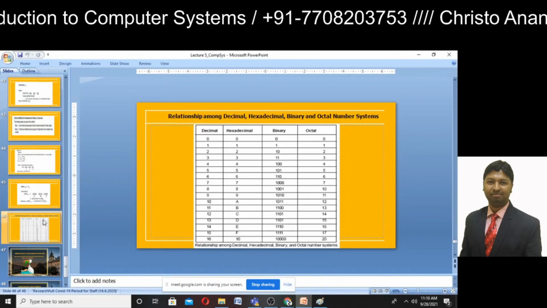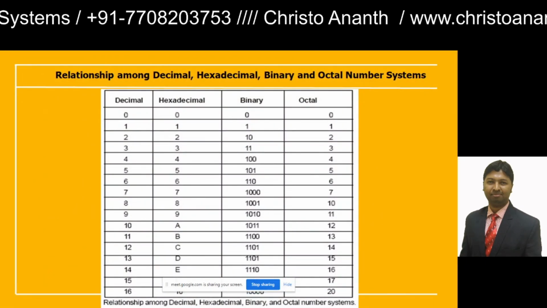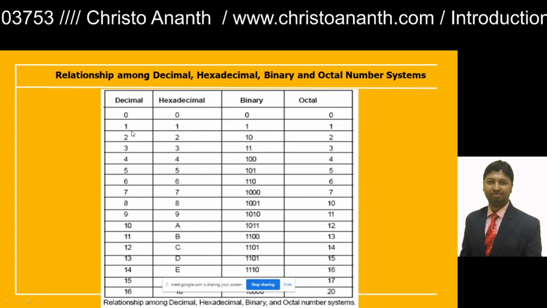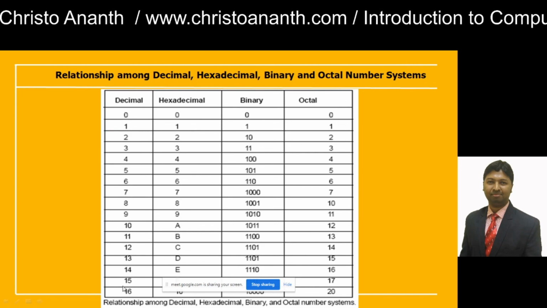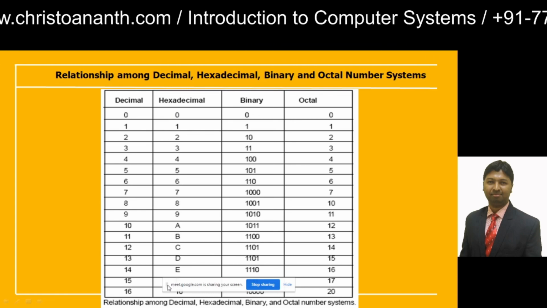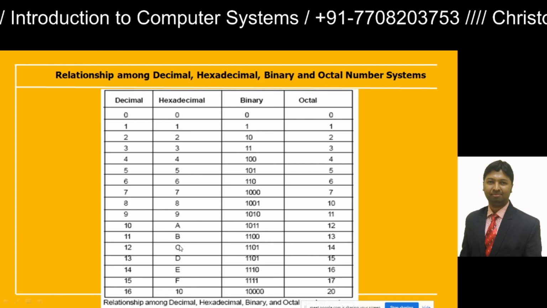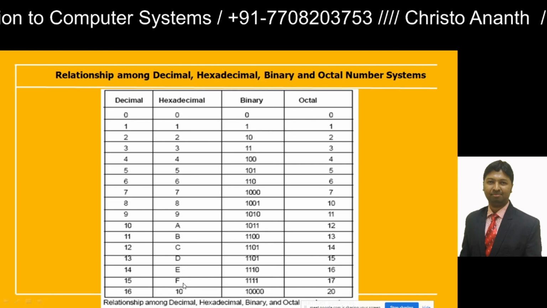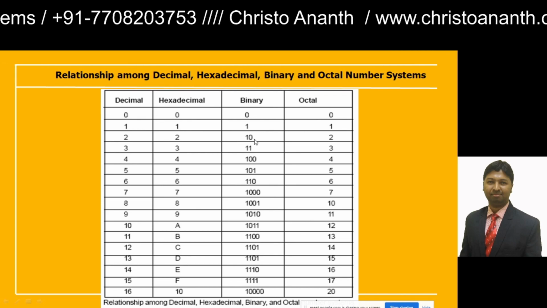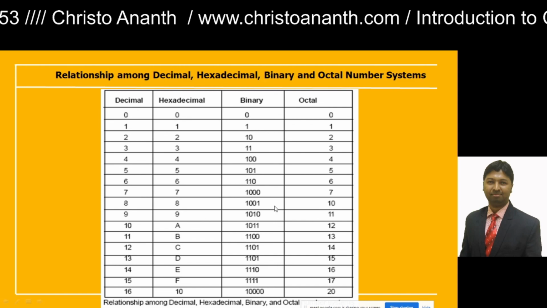Okay, finally, we are going to end with this table. There is actually the relationship among decimal, hexadecimal, binary, and octal. For decimal, it is 0 to 16, and for hexadecimal, it is 0 to 9, and after that A, B, C, D, E, and F. Binary we are going to write out.